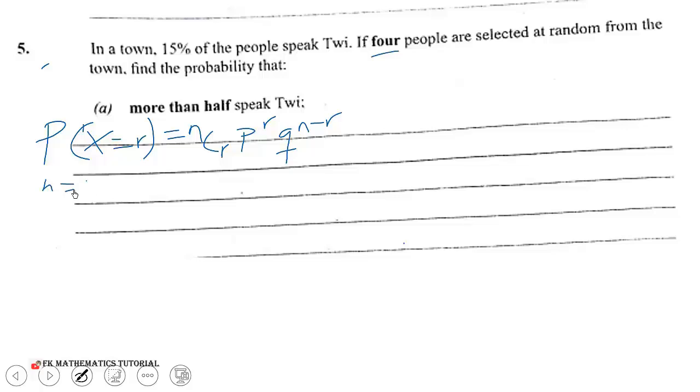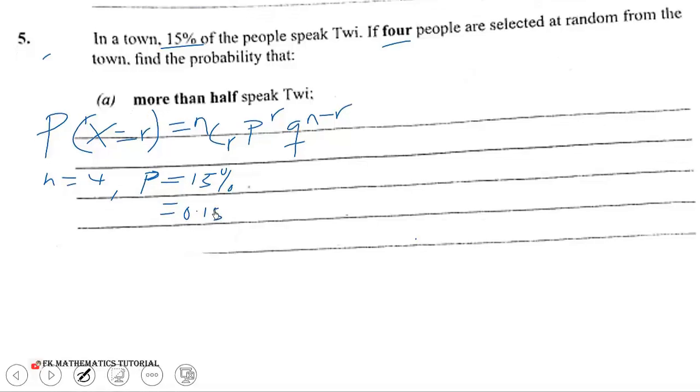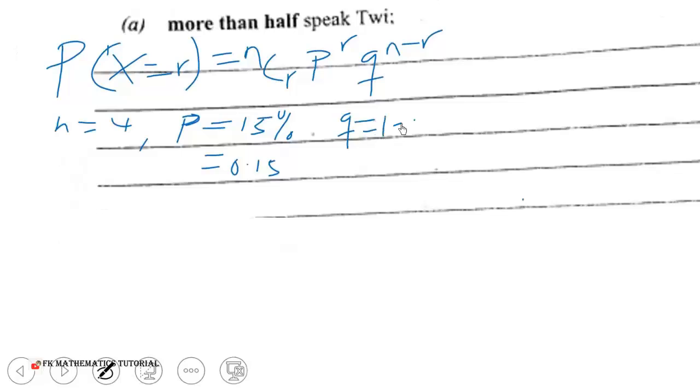N is equal to 4, and we're given that the probability of someone speaking Twi is 15%. So small p is equal to 15%, which is the same as 0.15. And q will be equal to 1 minus p, that is 1 minus 0.15, which is equal to 0.85.